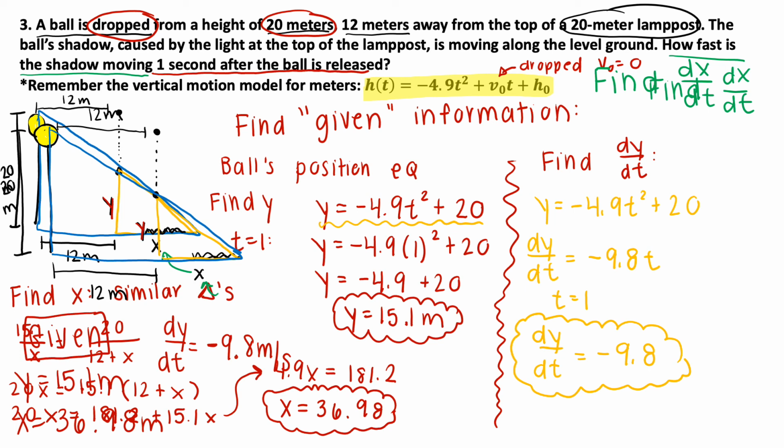So there was some given information, it was just kind of hidden. Now we can think about finding dx dt, and I'm going to switch over to the next screen and copy over all of this given information that we found.